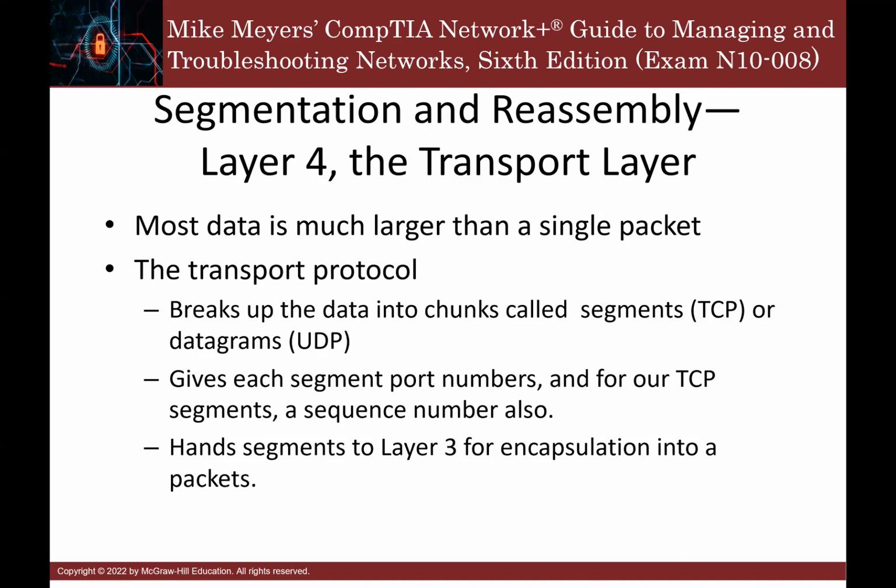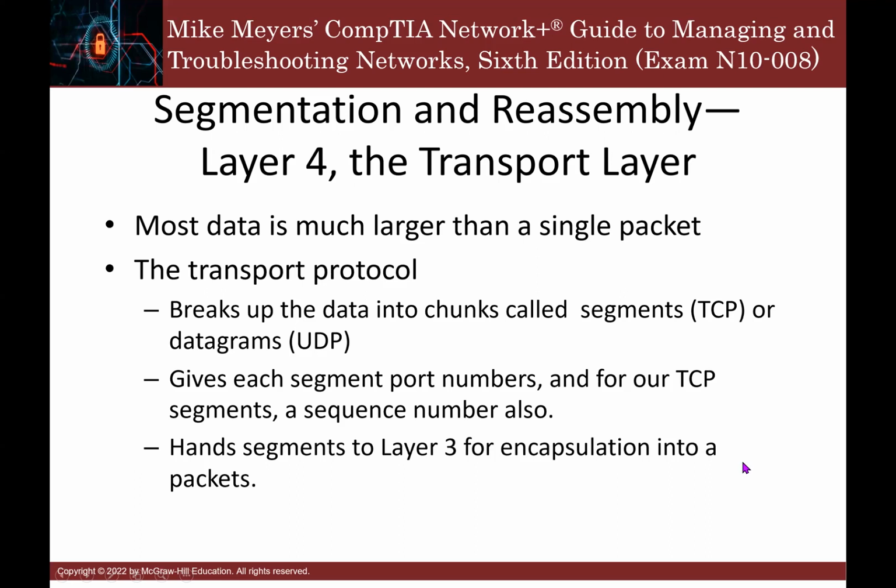Now, port numbers are identifiers for applications. So what happens from those port numbers is that there is a connection made from application to application on the send and receive devices. All right, so it's going to hand segments then to layer 3 for encapsulation into packets.